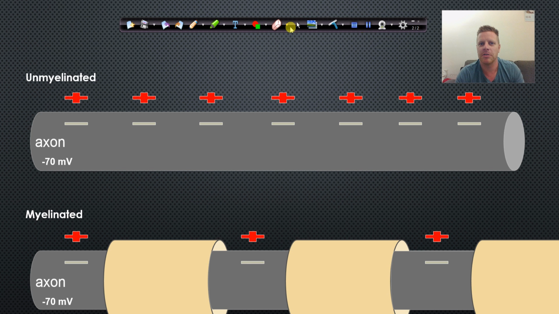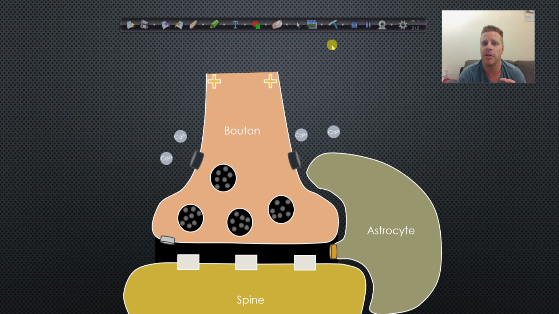So these action potentials travel along an axon until they reach the axon terminal. And so at this point, the positive charge reaches the terminal and triggers calcium influx instead of sodium influx. So these calcium ions at the nerve terminal flow into the cell and they bind onto synaptic vesicles.